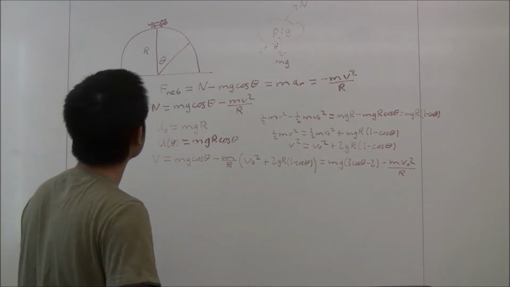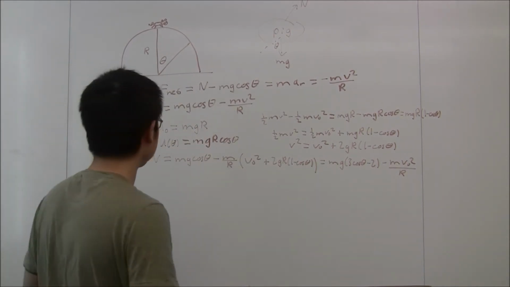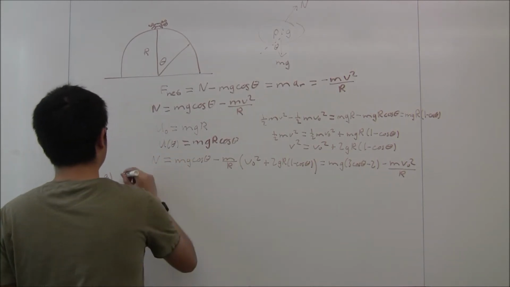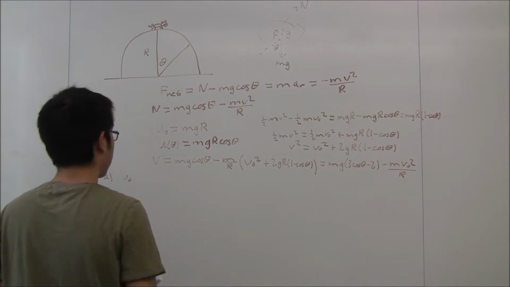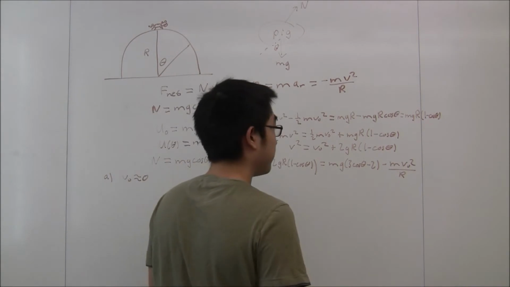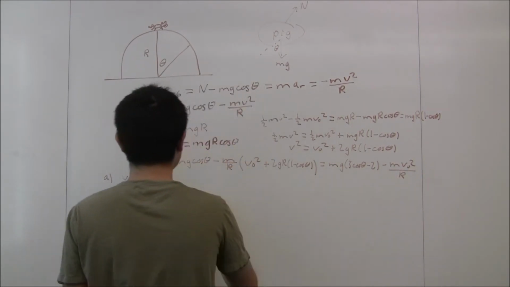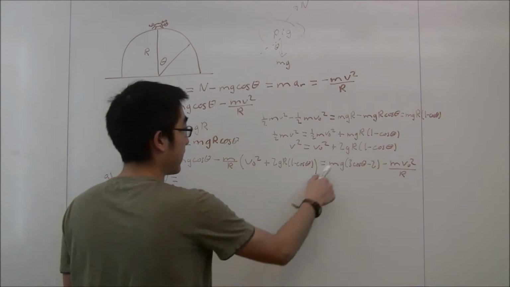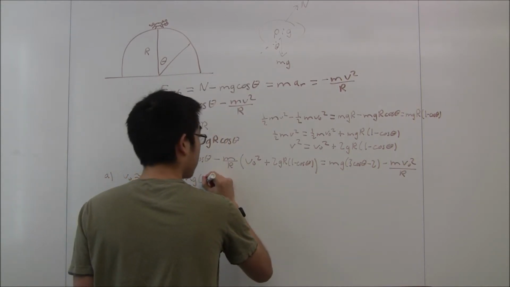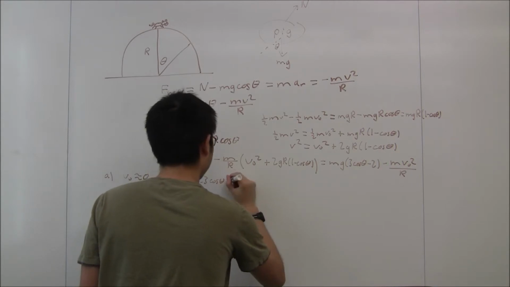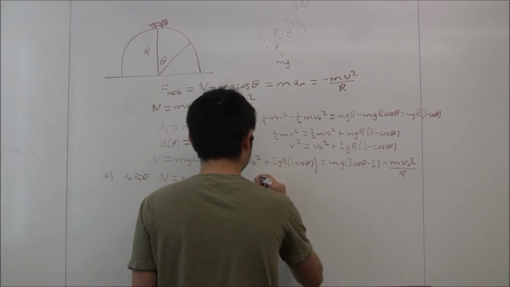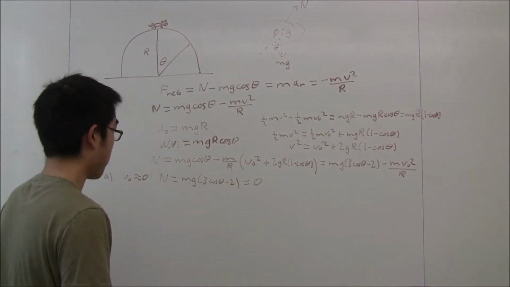Now, the pig leaves the dome when the normal force goes to 0, and in part A of the problem, we have that its initial speed, v0, is very small, so it's approximately 0, which means that the term mv0 squared over r disappears, leaving mg times 3 cosine theta minus 2. And we want to find theta such that this expression is equal to 0.